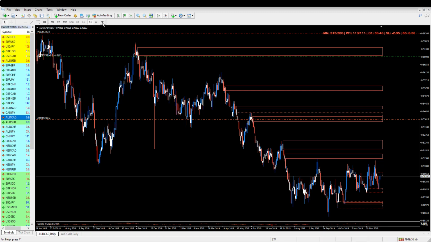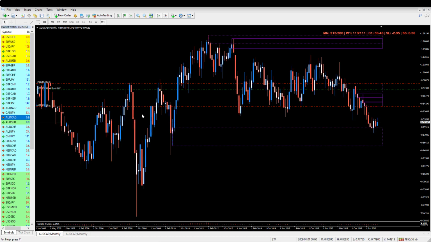But what you can do is go to the monthly chart, and this gives you tremendous insight. Here you can see that, as a matter of fact, we're reacting on monthly demand, and so automatically this removes speculation, it removes guessing, it removes hoping, because now you know that price is sitting in monthly demand, and so obviously longer term, over the course of the next few months, price is probably going to start drifting higher.